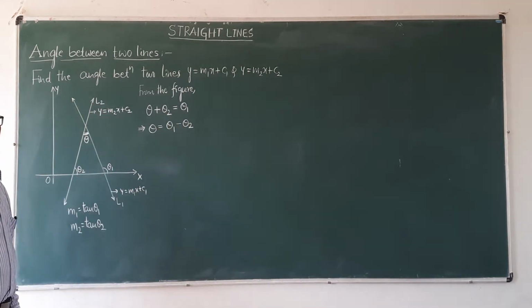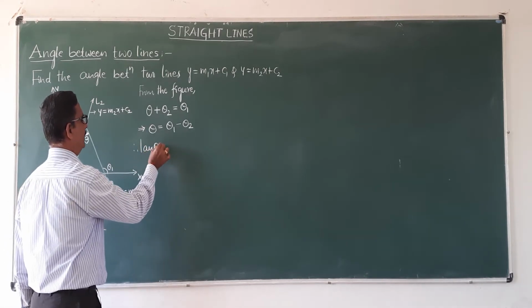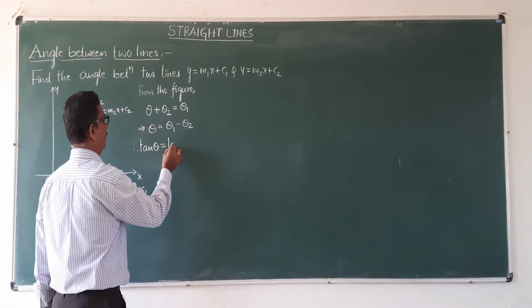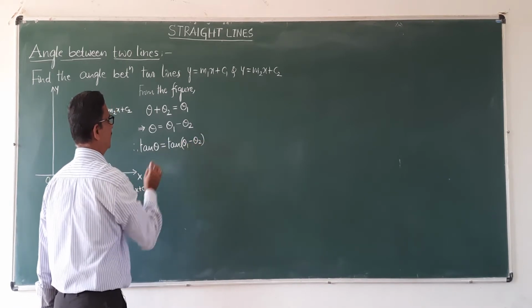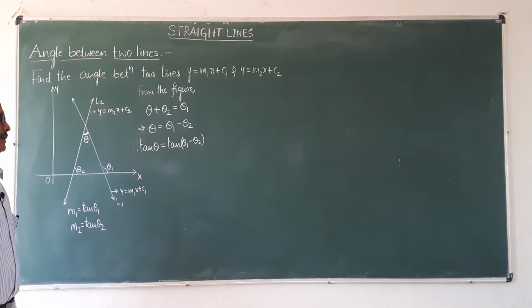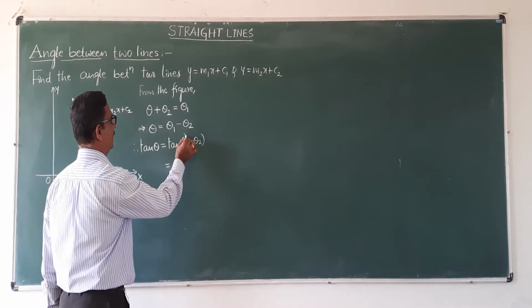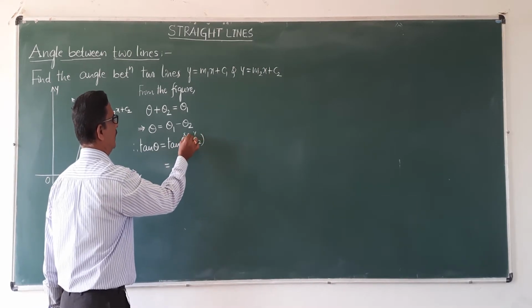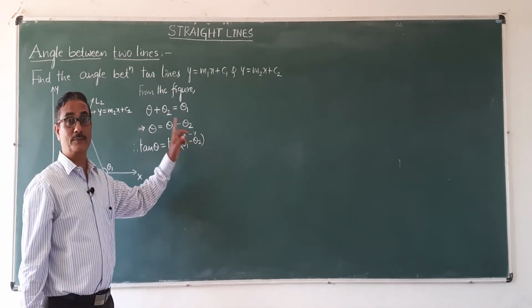Now operate on both sides by tan. Tan theta is equal to tan of theta 1 minus theta 2. Now put theta 1 as x and theta 2 as y, with the minus sign in between, it is in the form tan of x minus y.